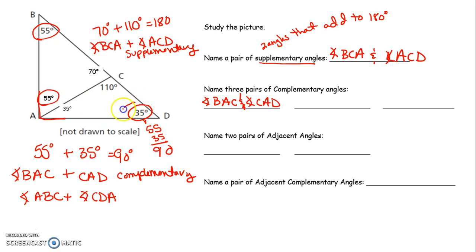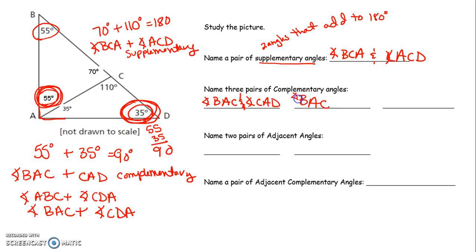So this angle and this angle can be complementary. That one would be angle BAC and angle CDA. All right, so those are some more complementary.